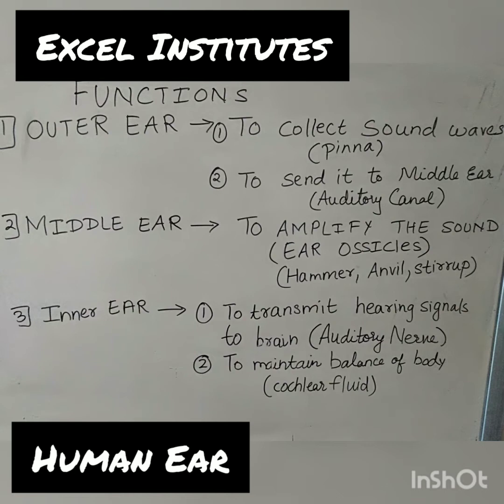Apart from this, middle ear also connects itself with the throat via the eustachian tube. Then the inner ear function is, after it receives the waves from the middle ear, it converts it into electrical signals and sends it to the brain via the auditory nerve. We will see this in detail. And second function of the inner ear is to maintain the body balance.